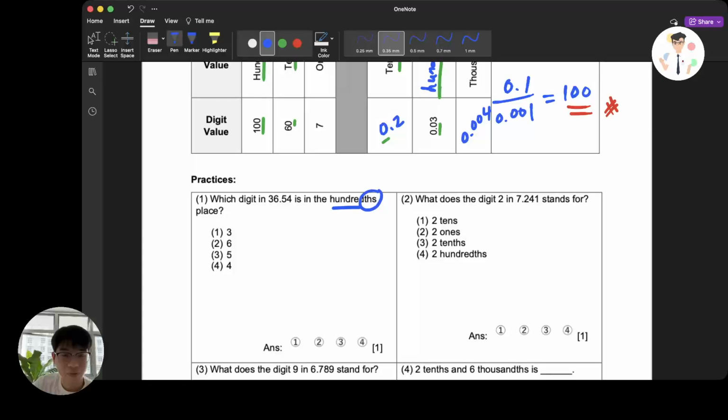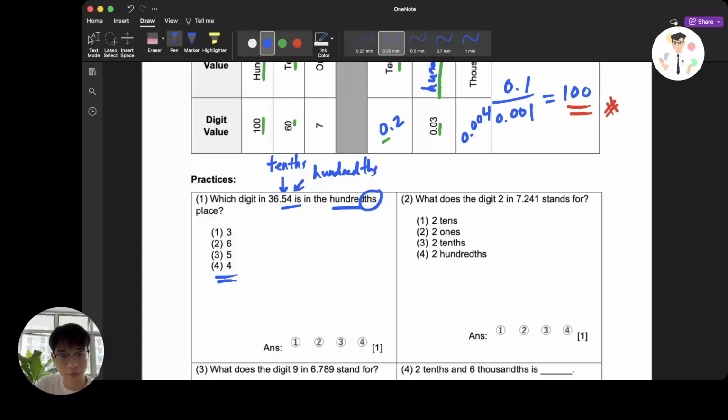If we see this TH, we know it's the one behind the dot. The first number after the dot is tenths, and the next one is hundredths. And the digit in the hundredths place is 4.